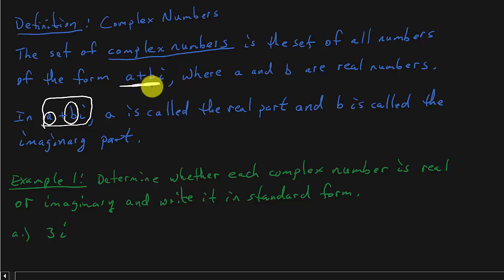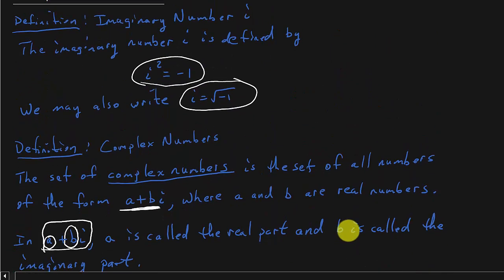So if you look at some imaginary numbers, for instance, if we have 0 plus 3i, well, that is equal to 3i. Or if we have 2 plus 0 times i, well, 0 times i is 0, and 2 plus 0 is 2.